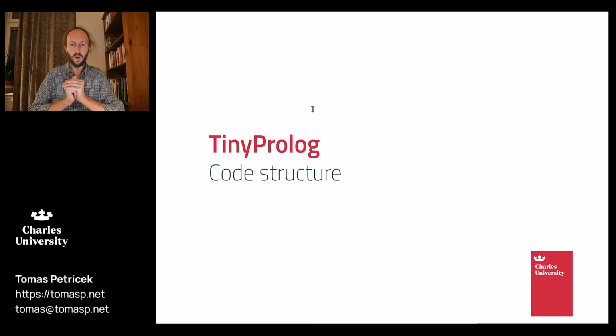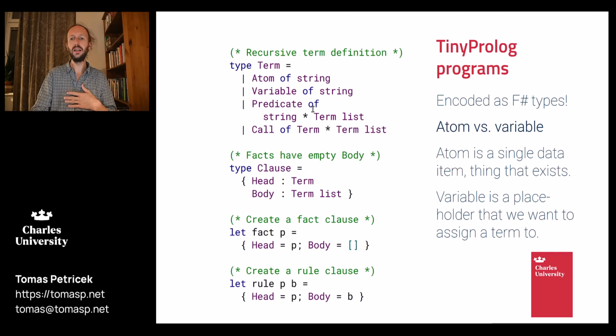So that was all the F# that you will need in TinyProlog, and let's have a look at the code structure of TinyProlog. Again, we are using a nice F# algebraic data type to represent our terms. So a term can be either an atom, variable, or a predicate. And in one of the more advanced examples, we will also add support for calls, but that's a bonus feature.